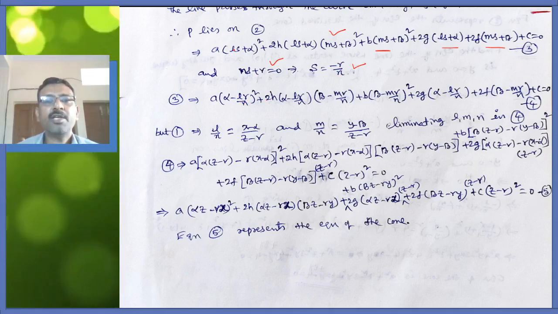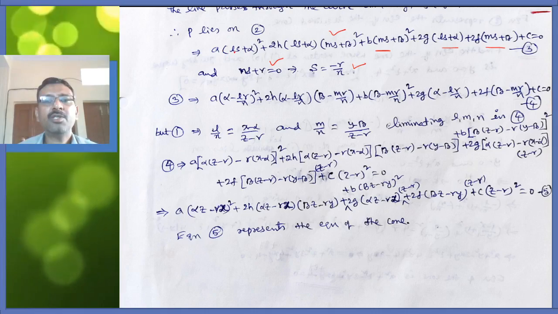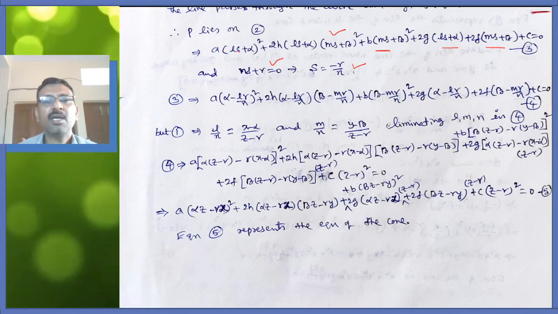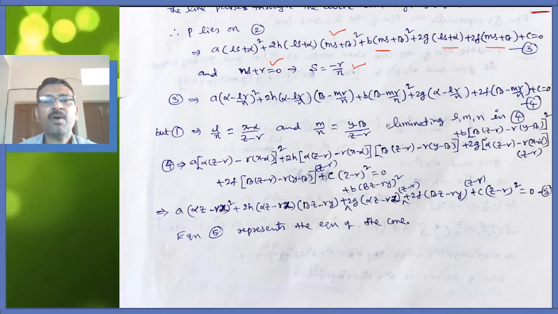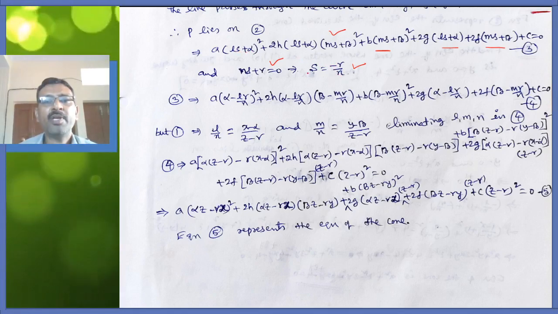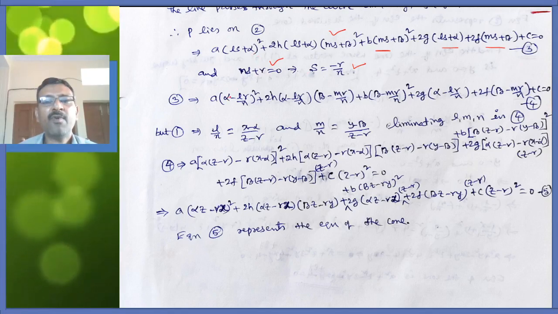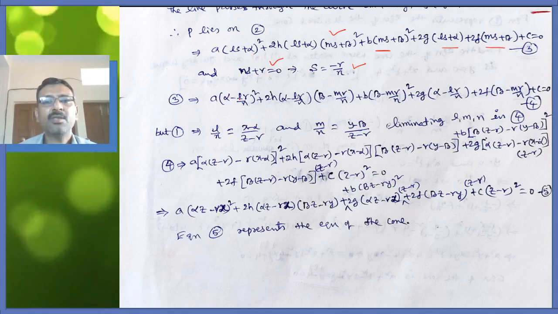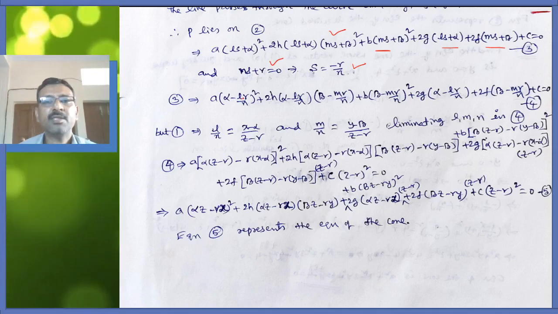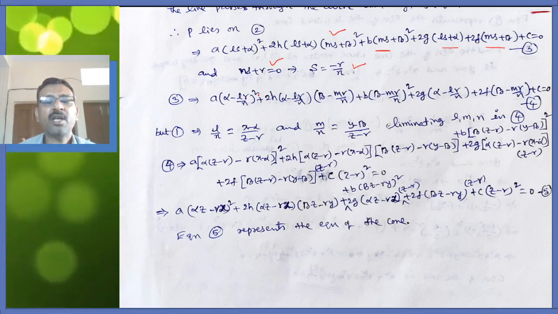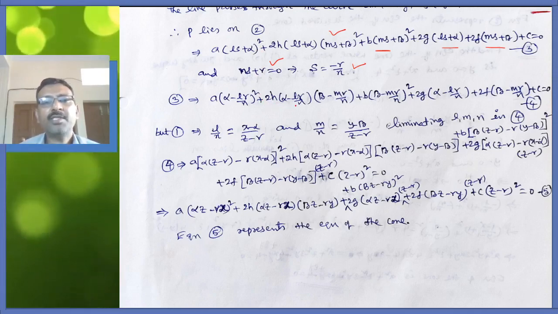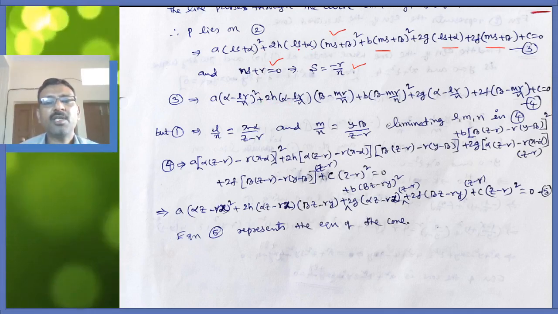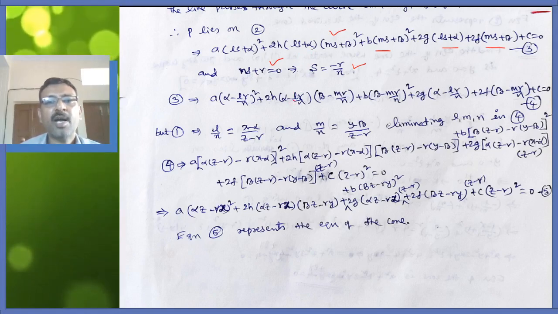Observe a into L into s: here alpha plus ls, where s is replaced by minus gamma by n, that is alpha minus L gamma by n, whole square. Here also whole square, 2h alpha plus ls, with s replaced by gamma by n.